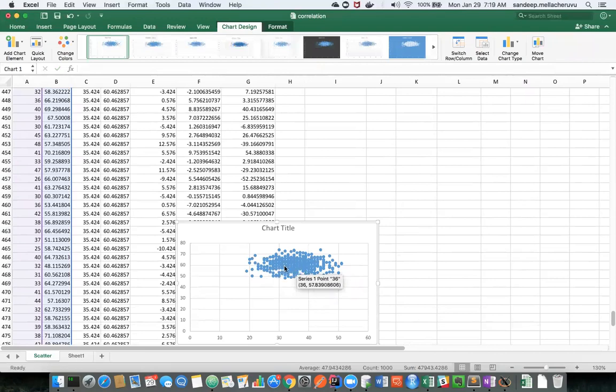I don't know. I can probably draw a line, because in this kind of plot, I can draw a line in any direction. Most of the people may be drawing like this. Maybe there is a line like this, I don't know. That could be the reason why it is showing a negative relationship.